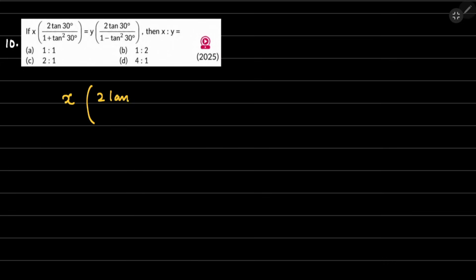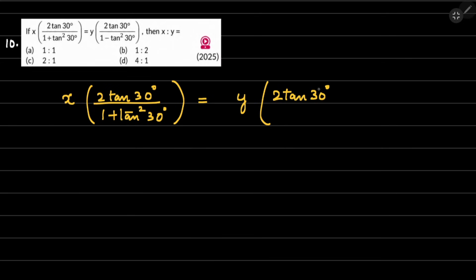X times 2 tan 30 degree divided by 1 plus tan square 30 is equal to y times 2 tan 30 divided by 1 minus tan square 30 degree is given. Since it's a product, 2 tan 30 can be cancelled on either side.